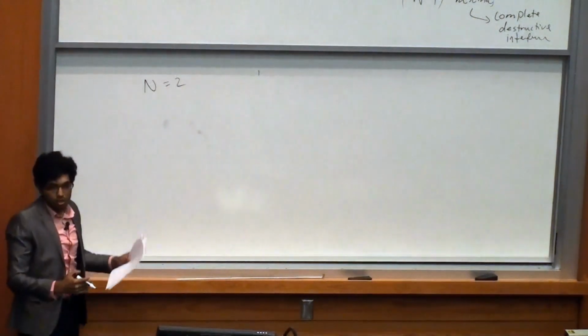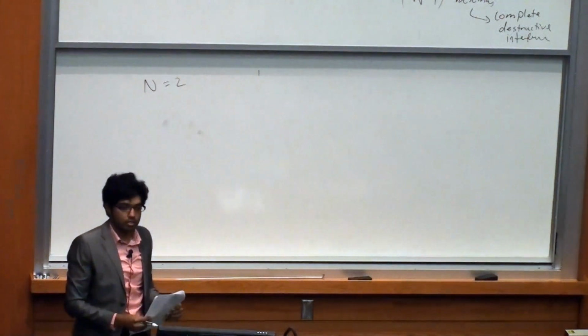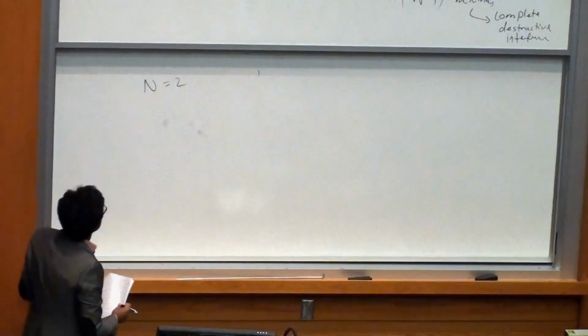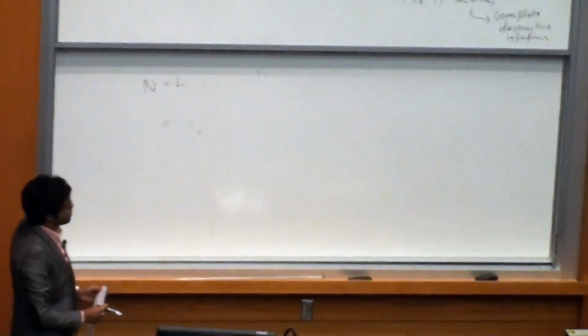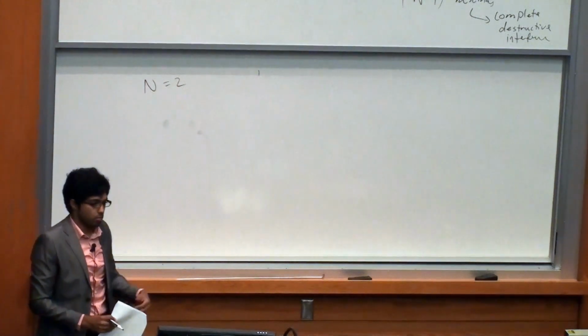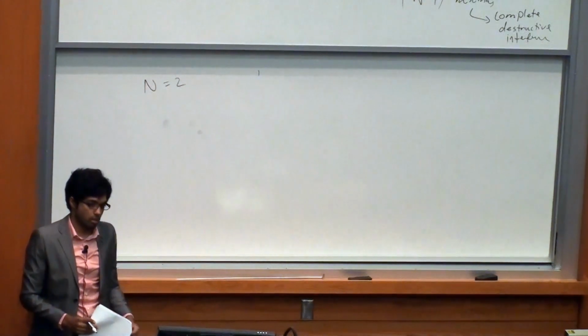We had two coherent, distinct light sources. So big N is simply the number of light sources you have, a set amount.